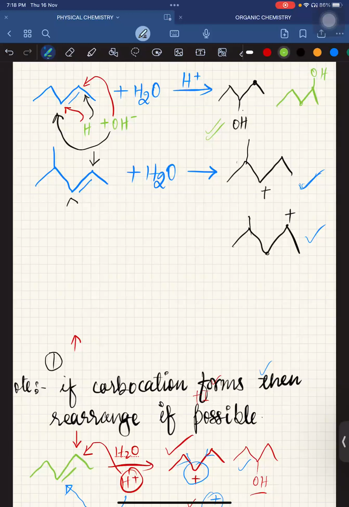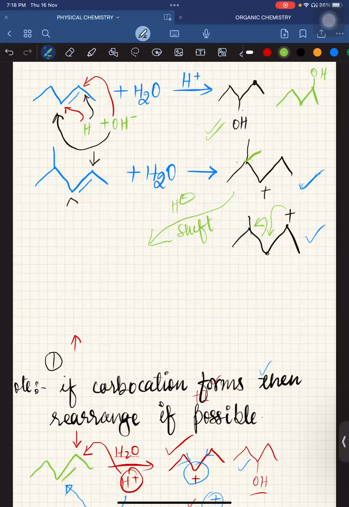If it will shift towards more stability, like from this carbocation to this carbocation, directly I'm going to take this, because if you do a hydride shift, what is hydride shift?